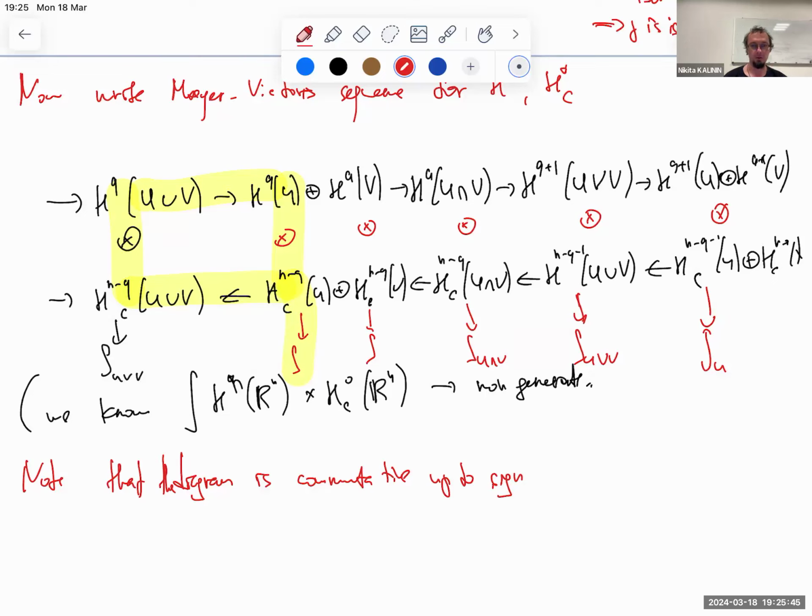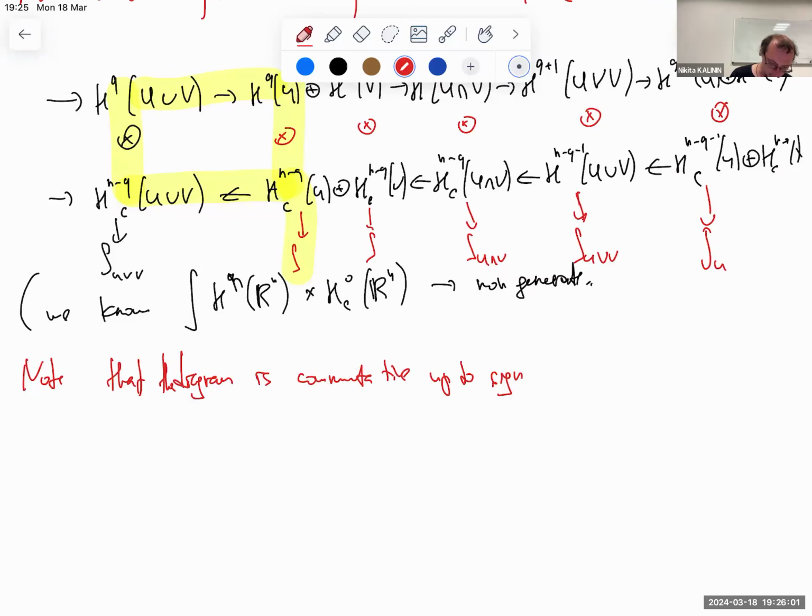Okay, now what we want to show, if we write all that, we want to show that these things look like that. Here we can replace this homology with compact support by their dual spaces. If you already know that taking the integral, up to sign, is the same as taking the dual for the smaller spaces, then you want to show this one.